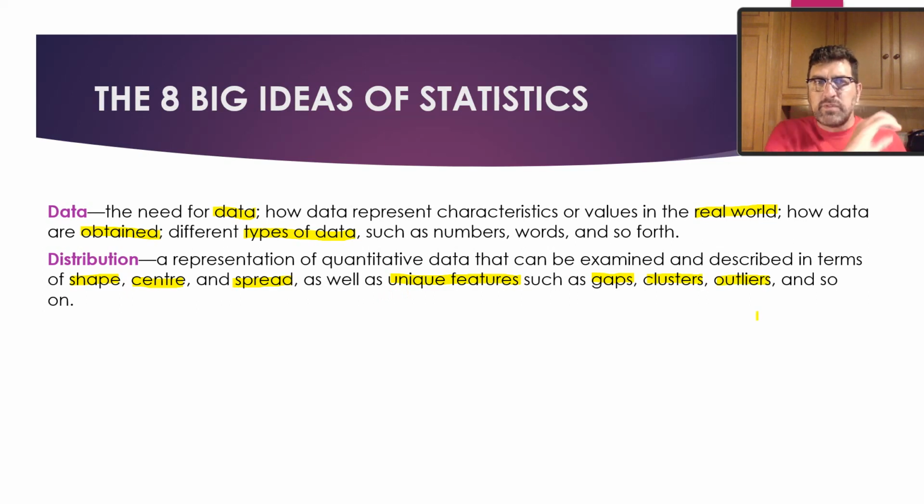So first of all, big idea data. Then how's that data distributed? The distribution in a data set tells us a lot about the phenomena under investigation. We express the distribution by looking at its shape, center, and spread, and the unique features like gaps, clustering, and also outliers.